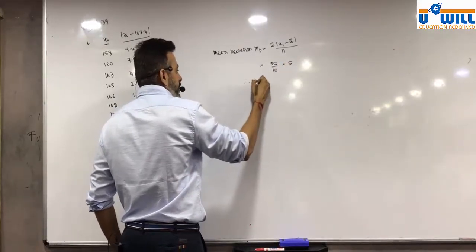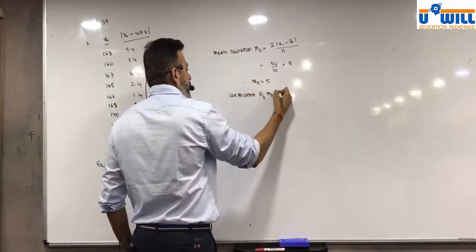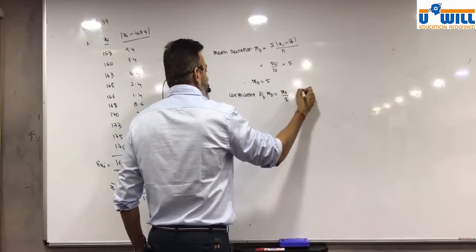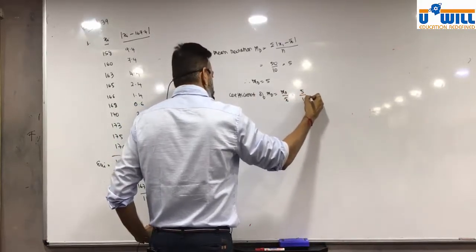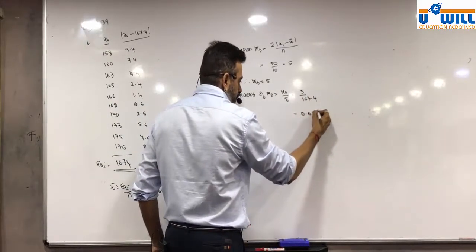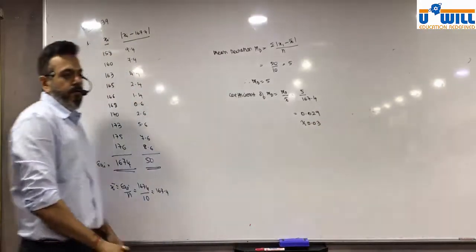Therefore, coefficient of mean deviation is equal to mean deviation upon mean, 5 upon 167.4, 0.029.